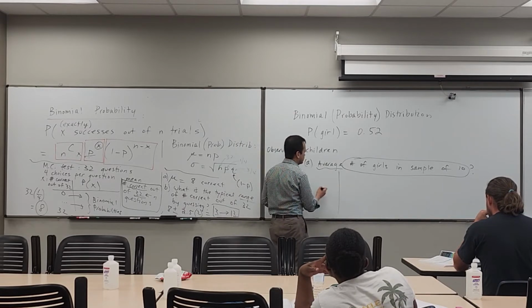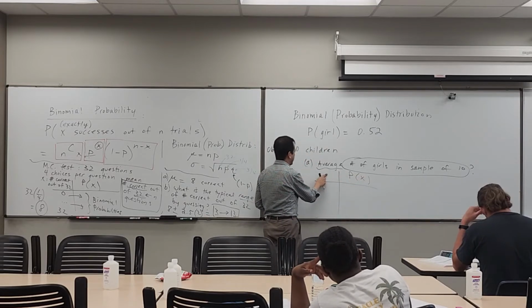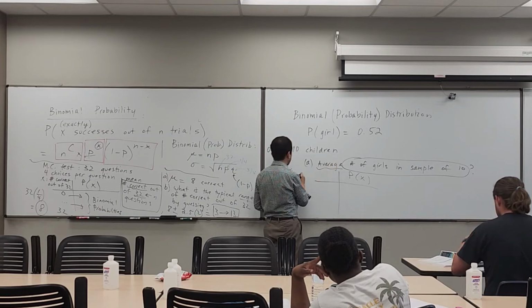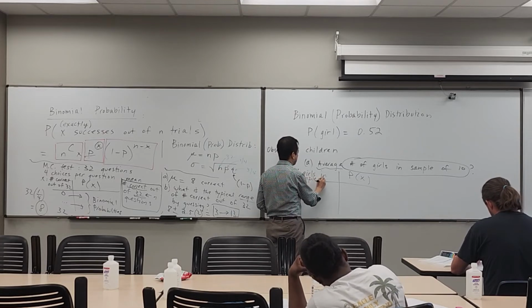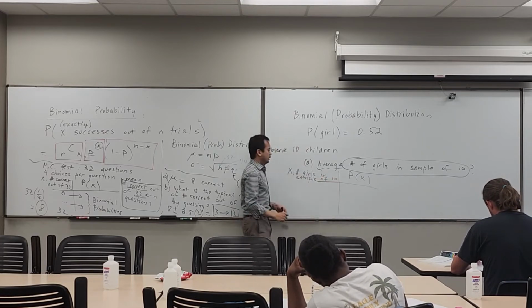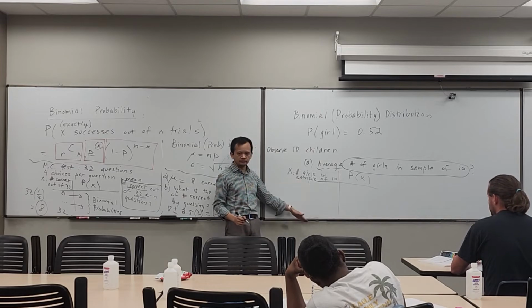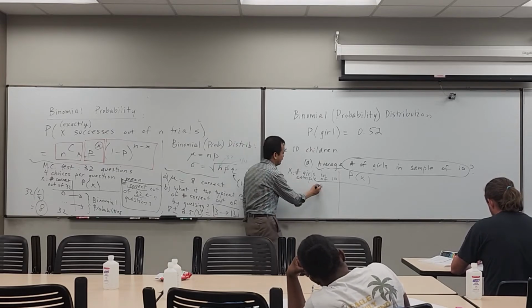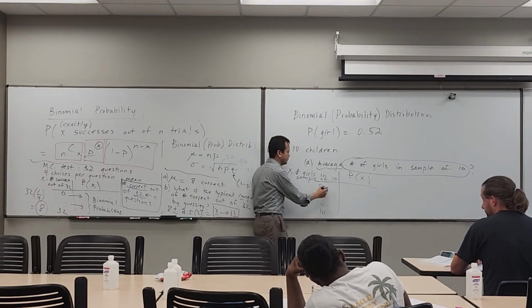So to build up to that, ask yourself, if you were to construct the probability distribution, where x is this quantity, the number of girls in a sample of 10, first of all, in the first column, we need to list out all possible values of this variable. So what are all the possible values? 0 through 10. And then you ask yourself, how do you find each of the probabilities?